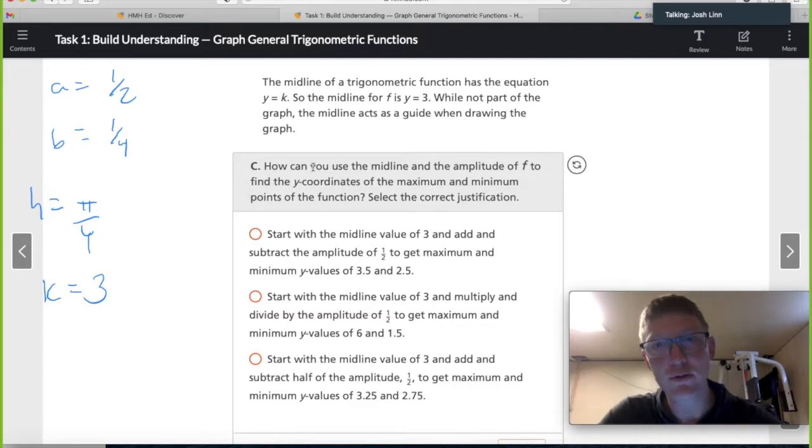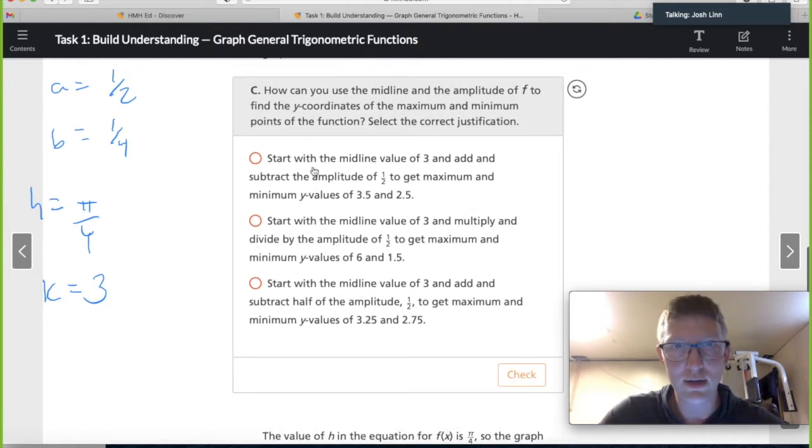So how can you use the midline and the amplitude of f to find the y-coordinates of the maximum and minimum points of the function? Select the correct justification. You start with a midline value of 3 and add and subtract the amplitude of 1/2 to get maximum and minimum y values.